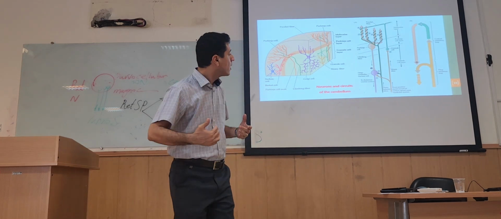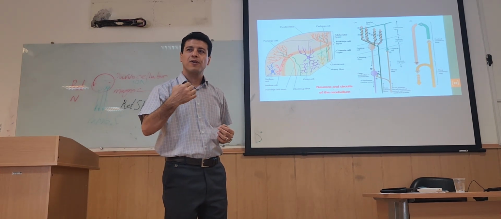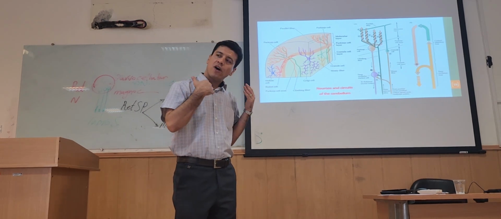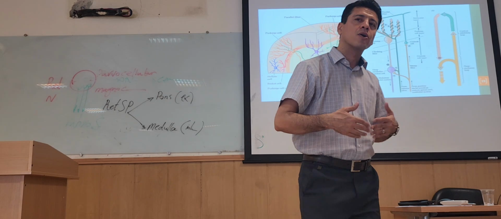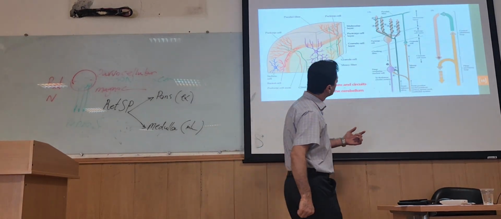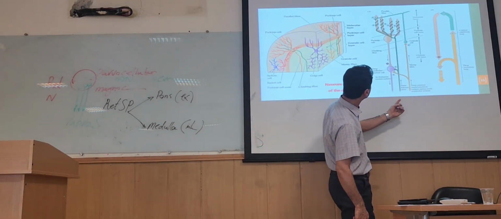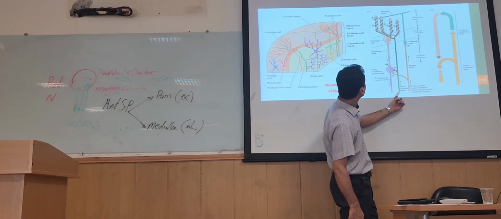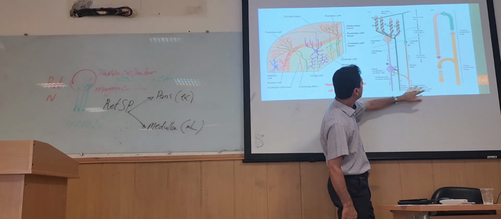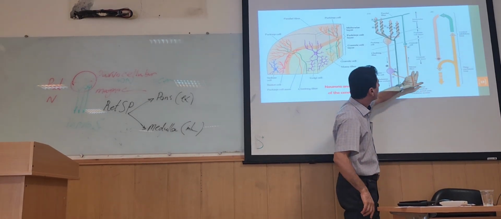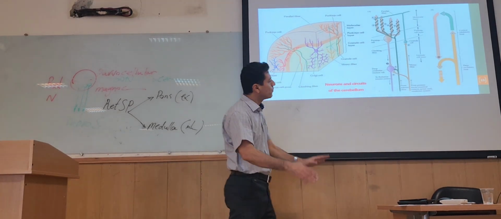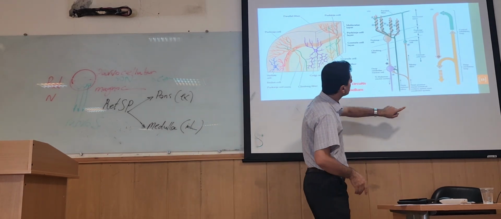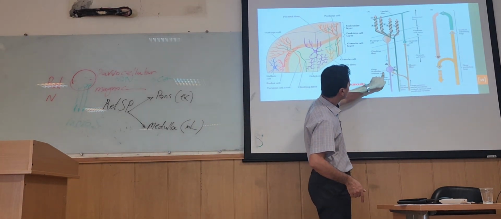But we have another input to the cerebellum that originates from the inferior olivary nucleus. Fibers that originate from the inferior olive are called climbing fibers. All other inputs are mossy fibers. Both mossy fibers and climbing fibers send collaterals to the deep cerebellar nuclei.